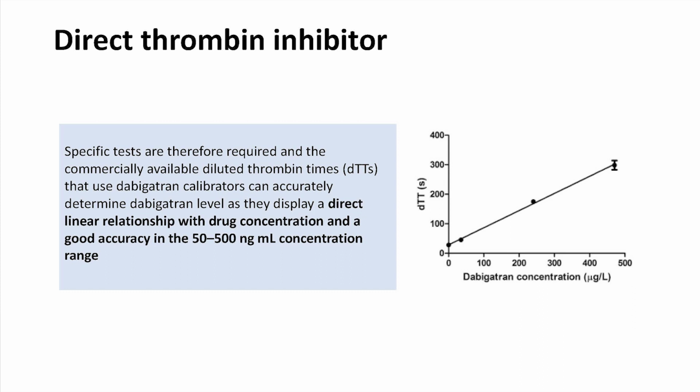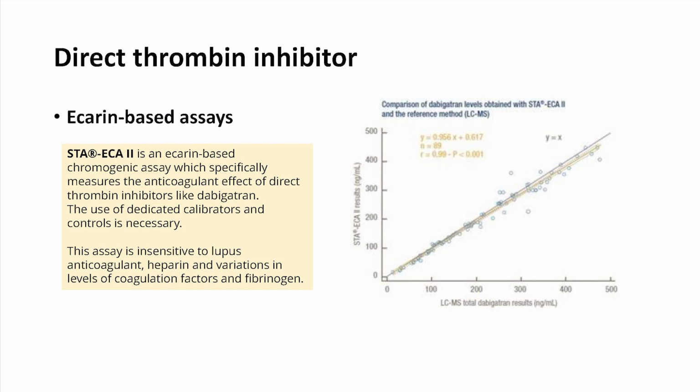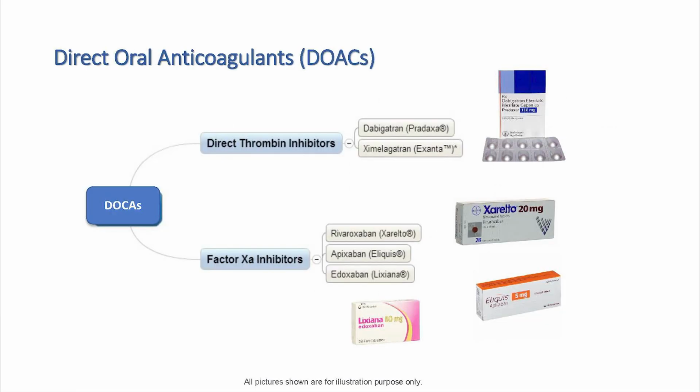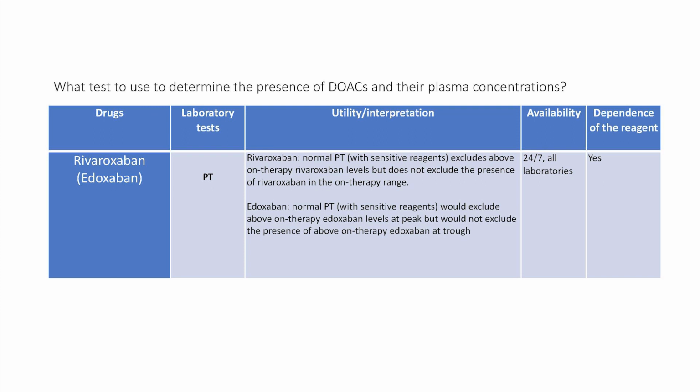This is the relation between the diluted thrombin time and the dabigatran concentration, so the presence of dabigatran can be correlated to the diluted thrombin time test. Also, the ecarin test has a strong relation between the level of dabigatran and the result of the ecarin test.